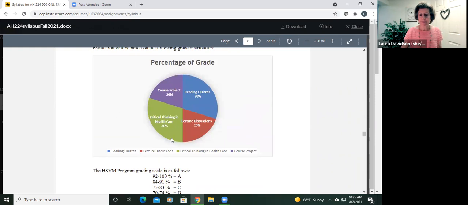But here you go. This is how your grade is distributed, which I think is very important to understand about the course. So the critical thinking and the reading quizzes are the most important part of this course, though there's a fairly equal distribution. If you run into trouble, something happens beyond your control, for these three, I will consider a deadline extension, but never for discussions.